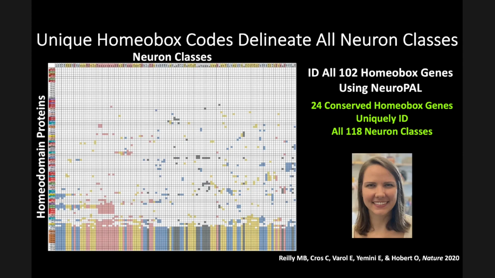So our theory is that homeobox genes acted early on in evolution to give us the diversity of neuron types that we see in all animals.